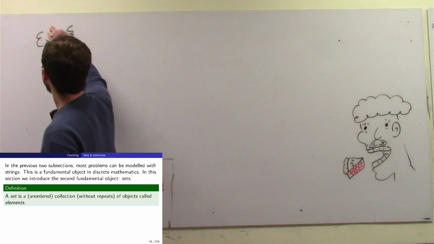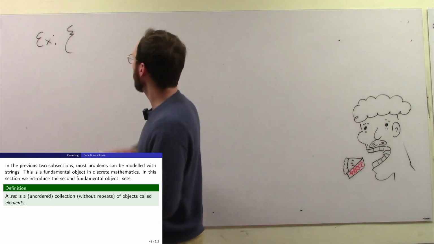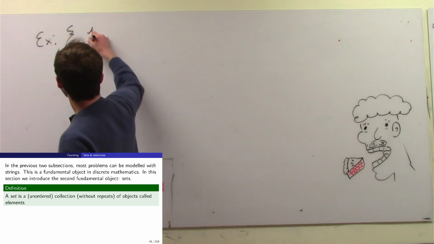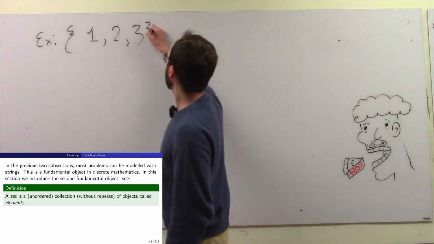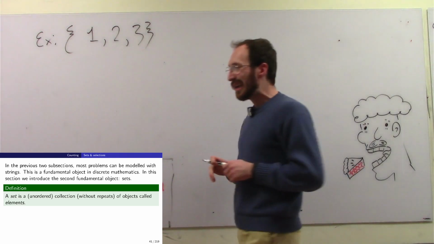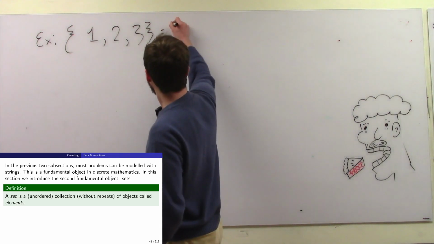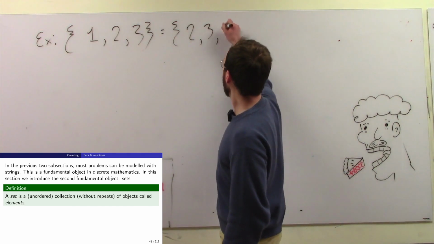So we like to use curly braces to denote a set. So here's one. We have the set containing 1, 2, and 3. And as I was saying, that order doesn't really matter. So this is the same as 2, 3, 1, for instance.